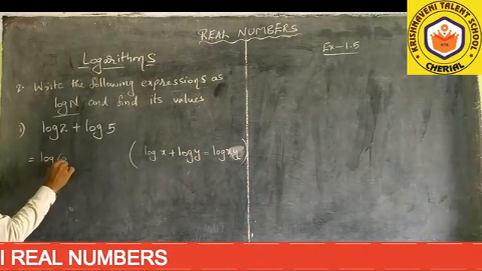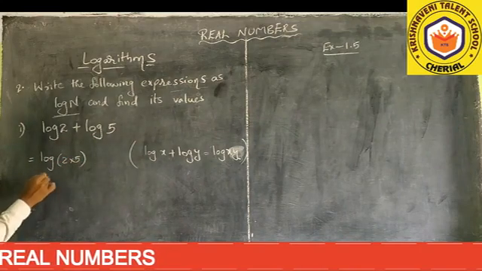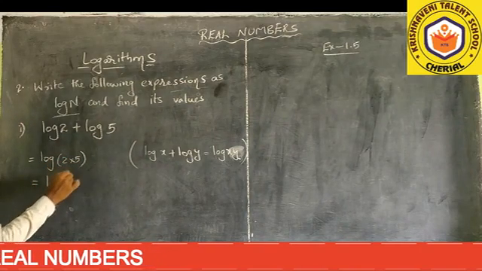So log 2 plus log 5 equals log 2 into 5. Log 2 into 5, the value is how much? You will get log 10.